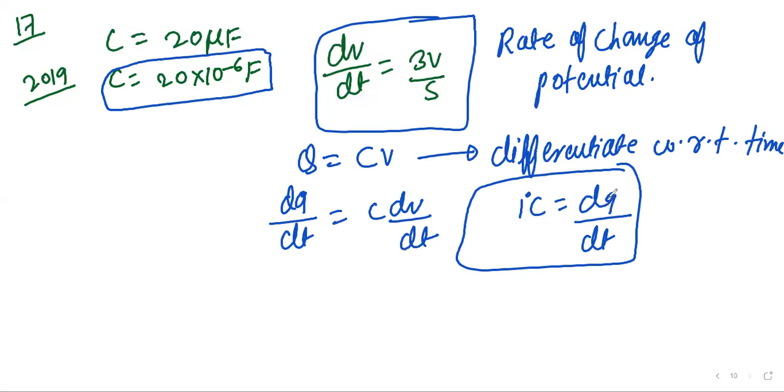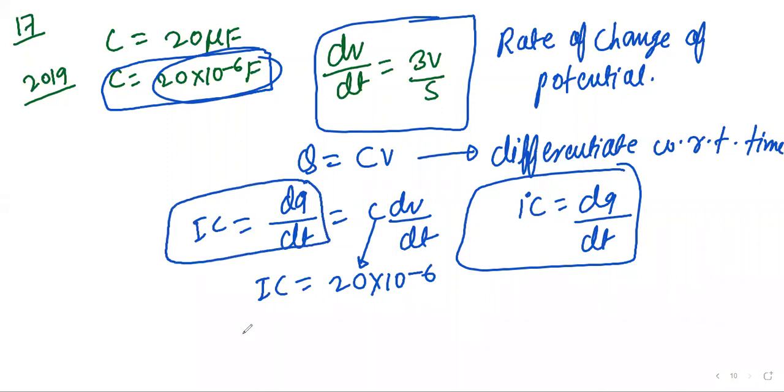So IC will be 20 into 10 raised to minus 6, it is given, right? And so I put here the C value. So this becomes your IC, right? After putting this value of C, we have put 20 into 10 raised to minus 6. Then dV by dt is nothing but 3 V per second.